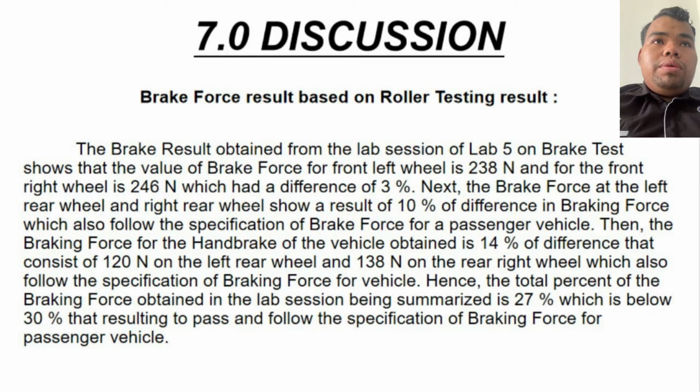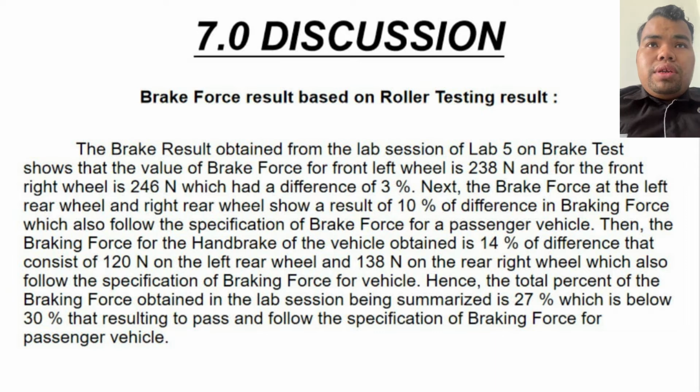How do we interpret the brake force result based on the roller testing result? The brake result obtained from the lab session of lab 5 on the brake test shows that the value of brake force for the front left wheel is 238 Newton, and for the front right wheel is 246 Newton, which had a difference of 3%.